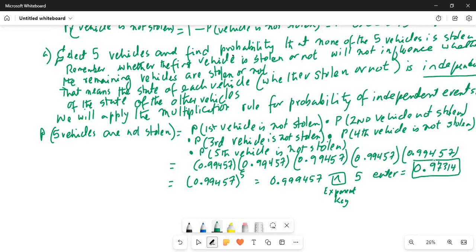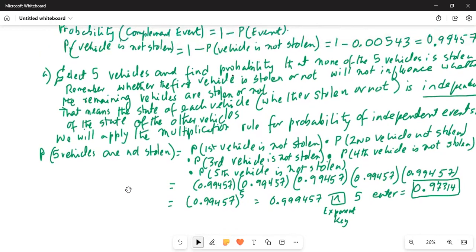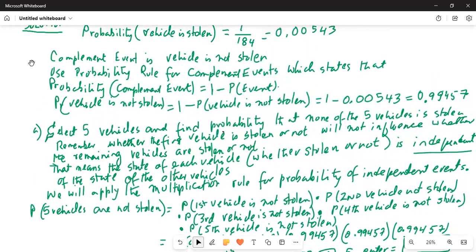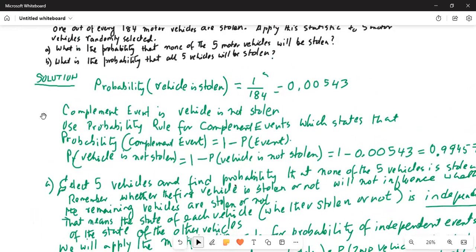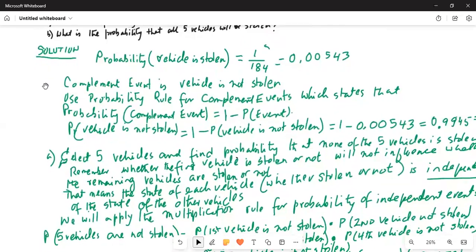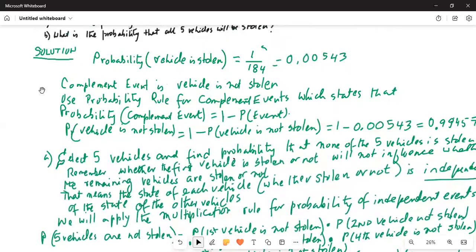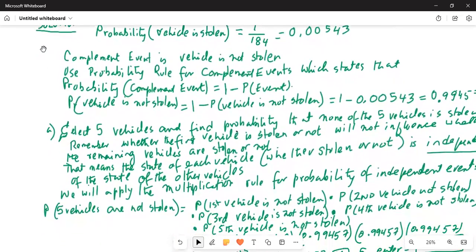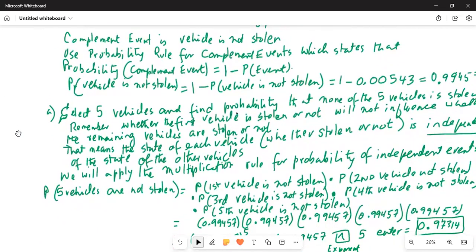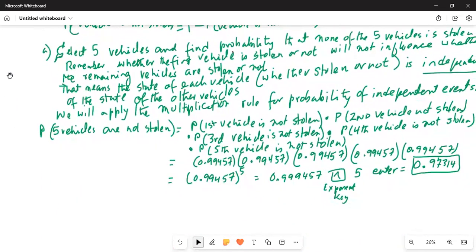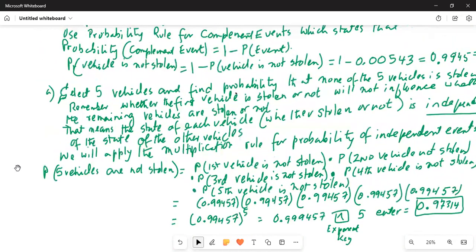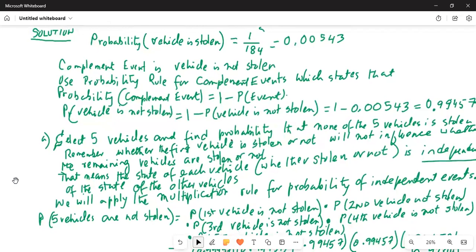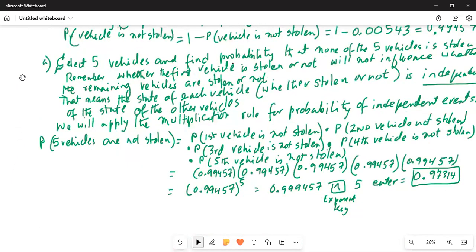Okay. Let's look at part B now. What is the probability that all 5 vehicles will be stolen? The probability a vehicle is stolen is 0.00543.